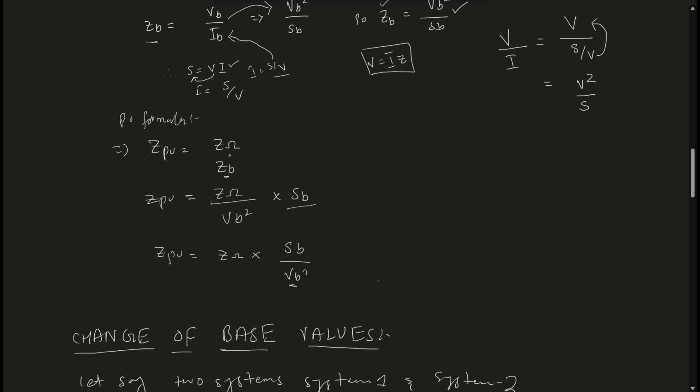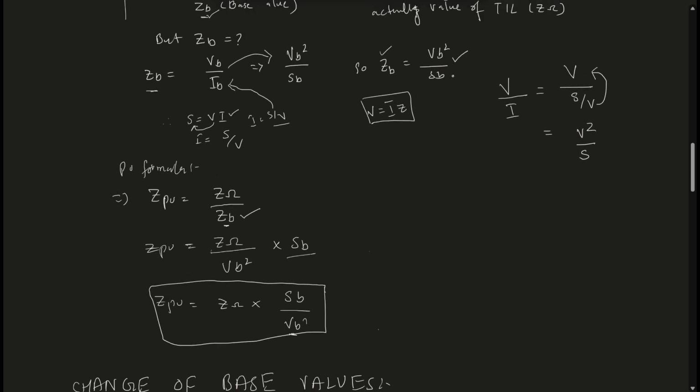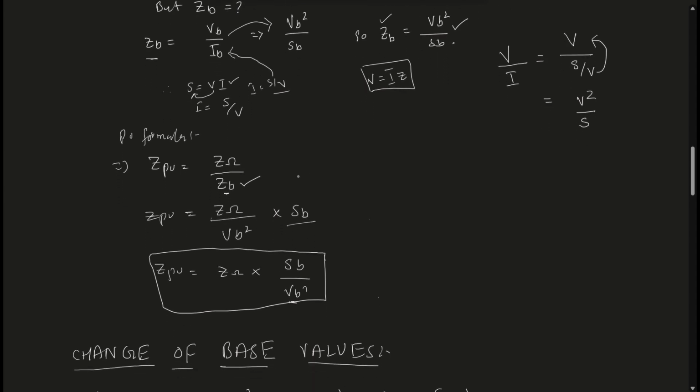So coming back to the original equation, Z per unit is equal to actual by base. By putting in the ZB value we derived, that ZB is equal to VB square by SB, we substitute it here: Z ohm divided by ZB.